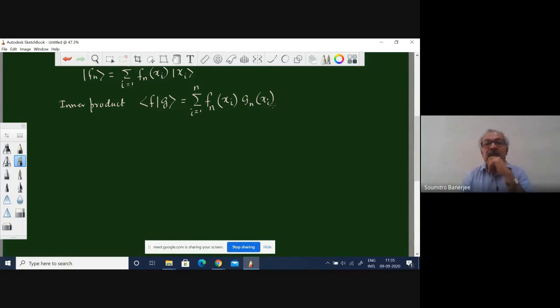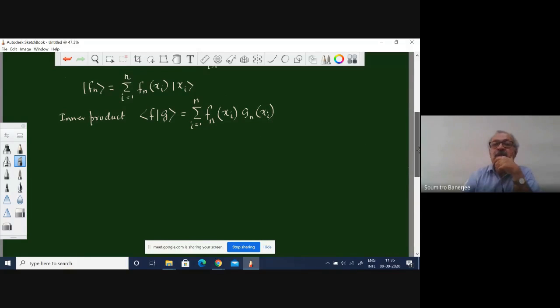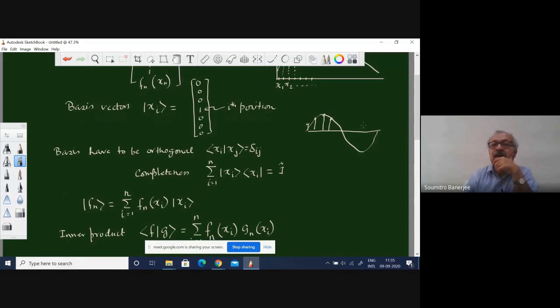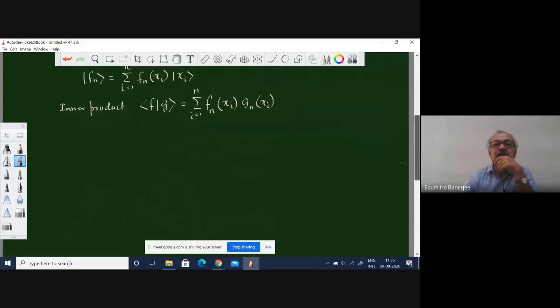Well, this is for the situation where f and g are drawable like this. That means these are all real valued functions. If they are not real valued functions, we'll have to put a star here. That's all.